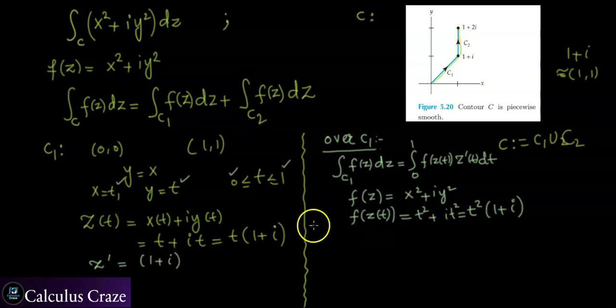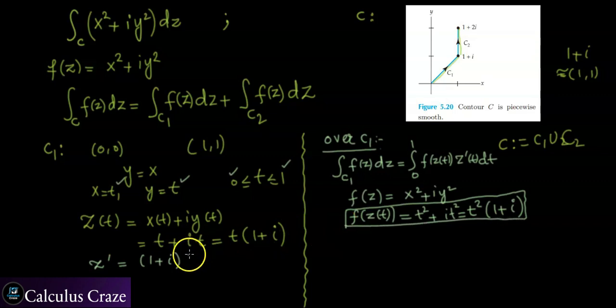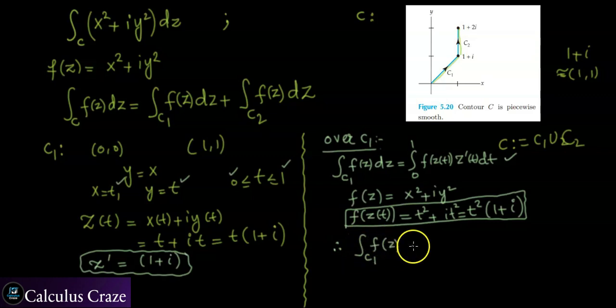If I substitute f of z of t and the derivative of z of t into the formula that we have defined for the integral, we will have the integral of f of z over C1 equal to the integral from 0 to 1 of t squared times 1 plus I, multiplied by 1 plus I, dt.